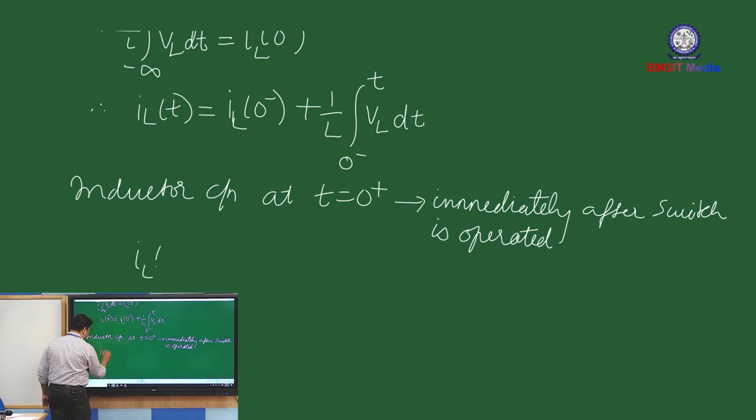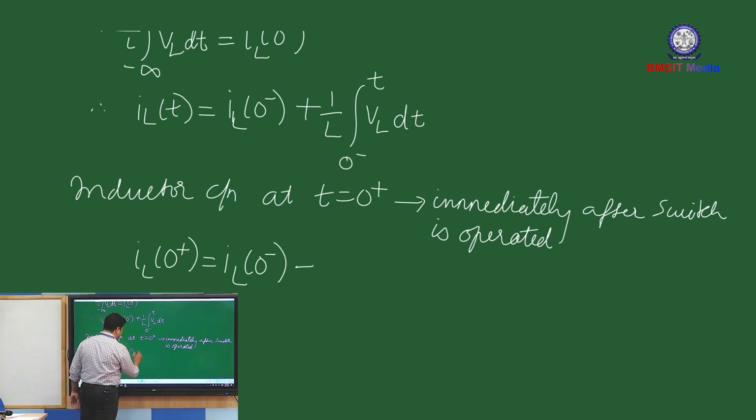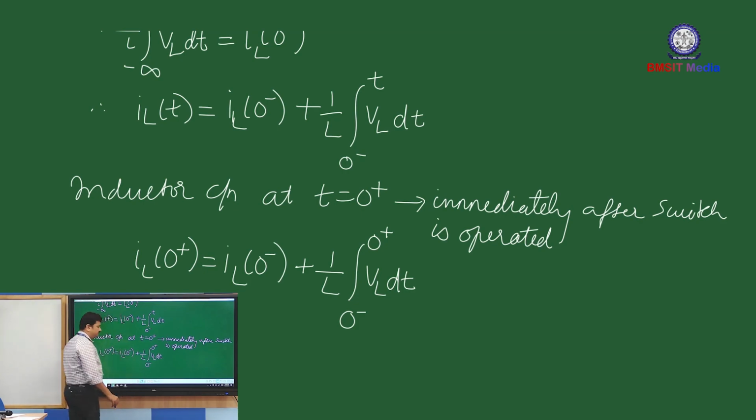So IL of 0 plus is equal to IL of 0 minus, which will remain as it is because it is the initial condition, plus 1 over L integration from 0 minus to 0 plus, because t equal to 0 plus now, of VL dt.